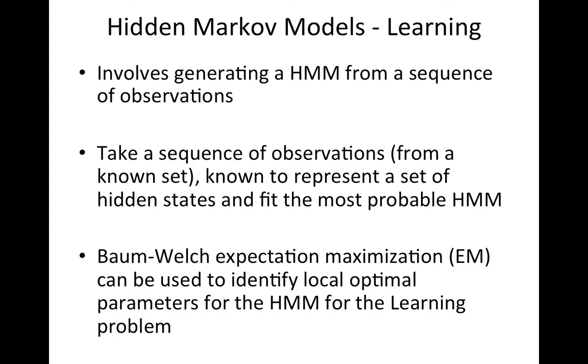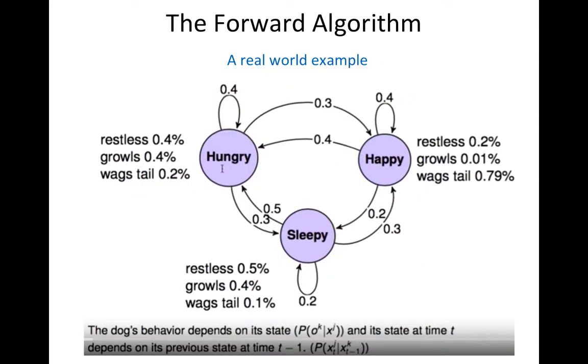Usually it's done by expectation maximization, but it's a more complicated problem. We will not go over that in detail, or probably even not. But the most important things for you to focus on would probably be the forward algorithm and also the Viterbi algorithm. Okay, so this is an example of a forward algorithm.